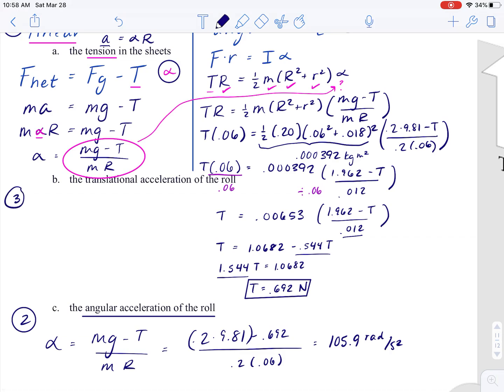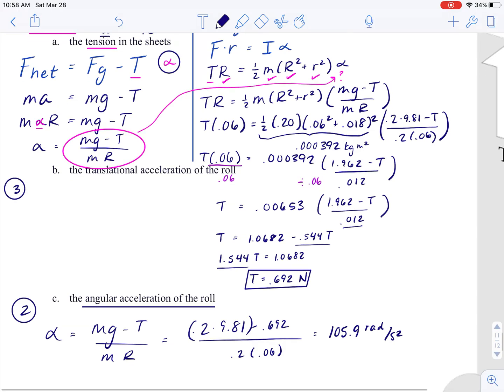Okay, now I'm coming to the translational acceleration of the roll. So I know that the translational or linear acceleration is equal to the angular acceleration times r. So that's 105.9 times the outer radius, which is 0.06.